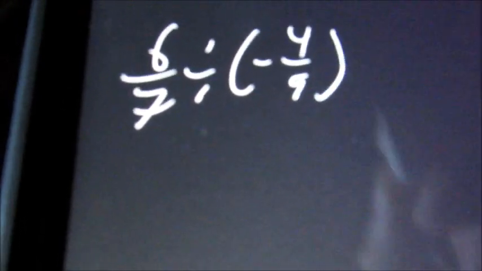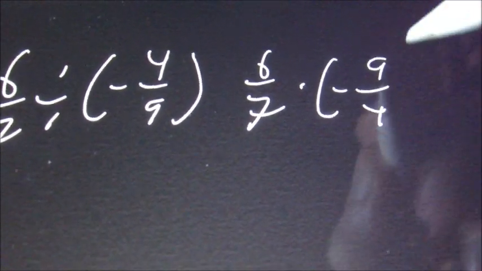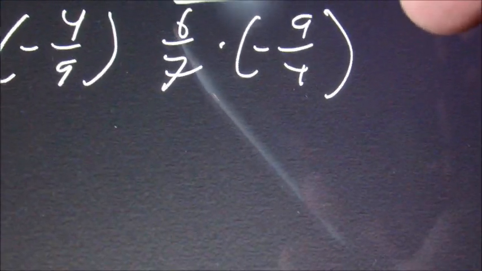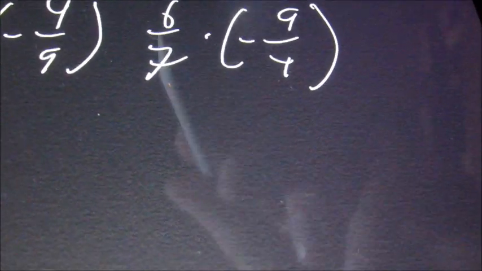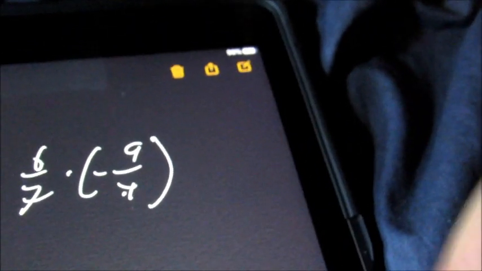Let's say we have 6 over 7 divided by negative 4 over 9. So we're going to flip the second one, and we're going to have 6 over 7 times negative 9 over 4. So now we can simplify the 6 and the 4 by dividing both of them by 2.